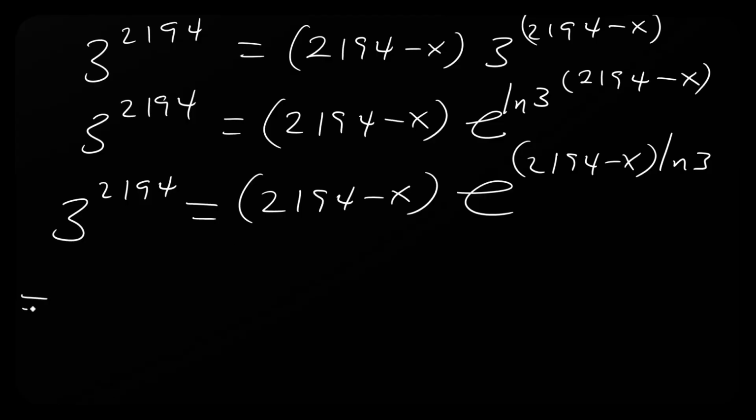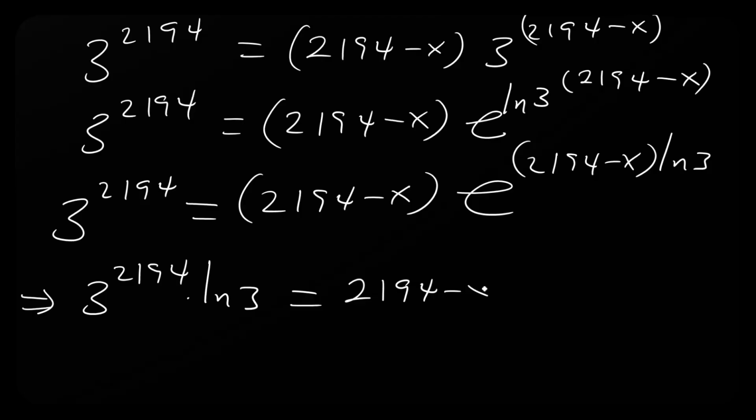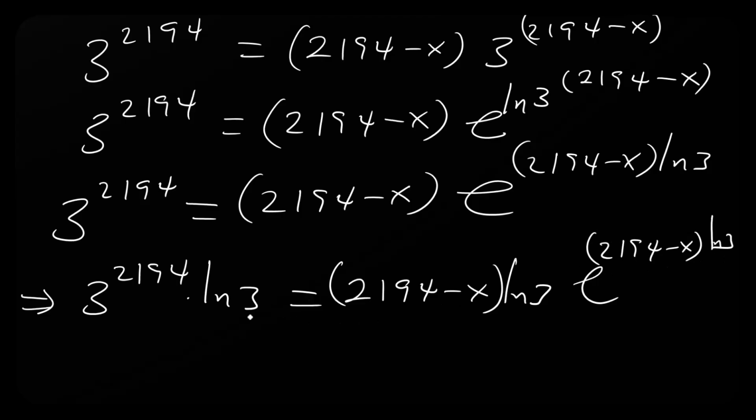So I have 3 raised to that times ln of 3, and I'll multiply this side by that ln of 3, so times e raised to 2194 minus x ln of 3. Perfect.